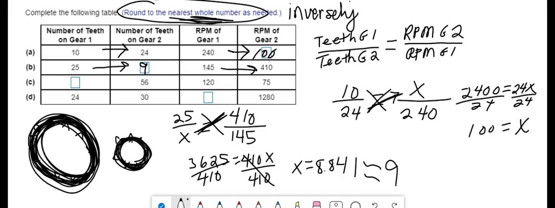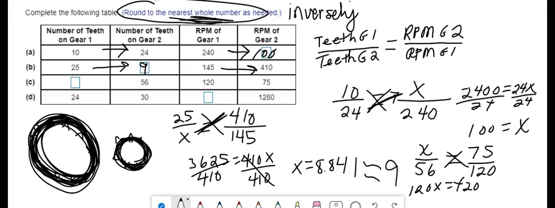Part C, we don't know the gear 1 teeth. Gear 2 teeth is equal to not 120 over 75, but 75 over 120. Switching those other two. Then we cross multiply, and we get 120x equals 56 times 75, which is 4,200.